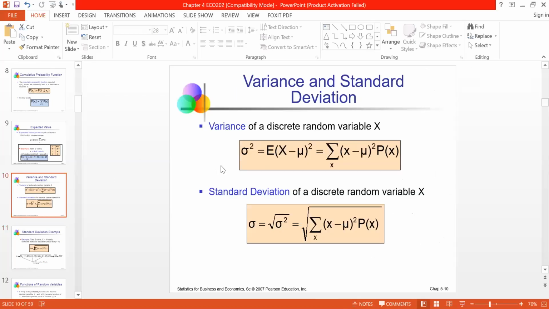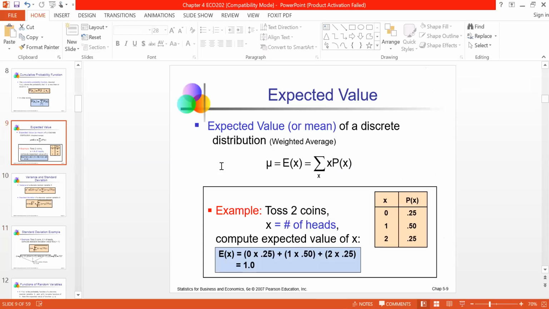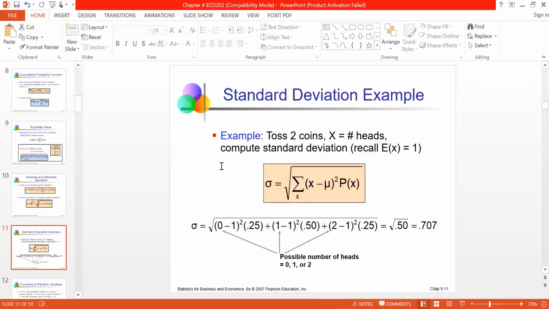So yes, we have covered variance and standard deviation. We also covered expected value, and we have also seen that if we do it in a table, it takes less time and is easier for us to calculate, because you may get a lot of outcomes for x's. Let's say you have 10 values. It will be a lot of calculation, and if you have a table, it will not be difficult for you to sum it up or get the final result.